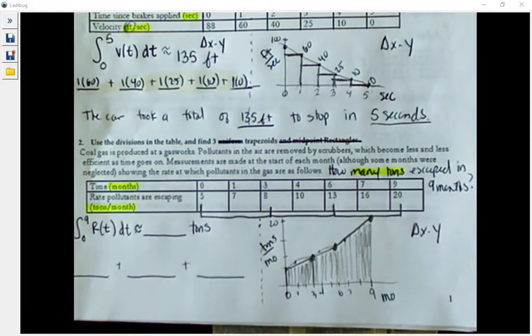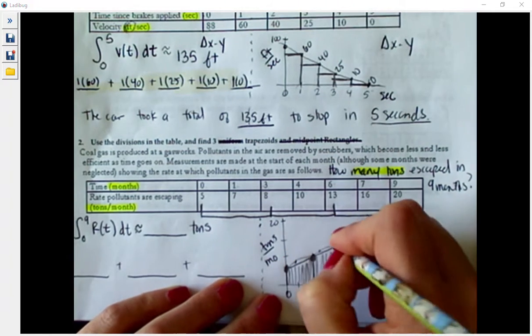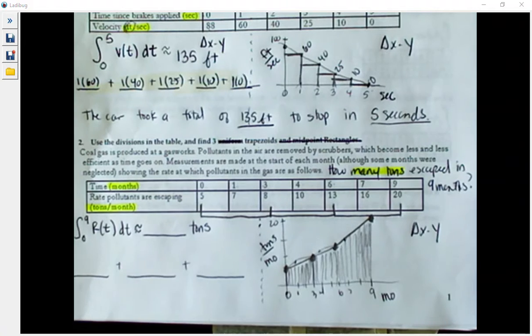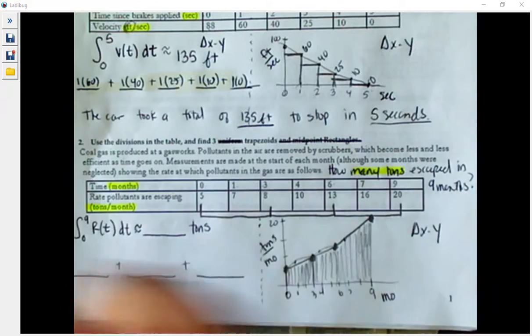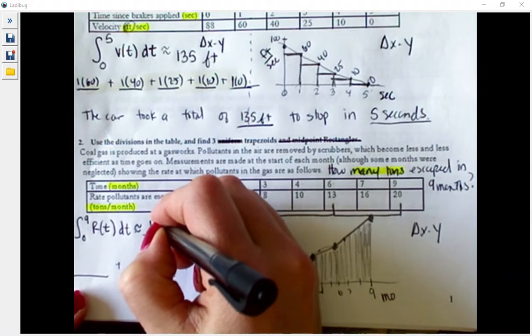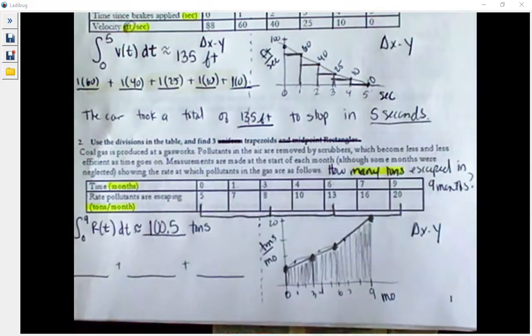Okay, see what you can do with that trapezoid formula. Look at the points that you're using. Label them if you need to. Okay, you should be able to come up with 100.5.